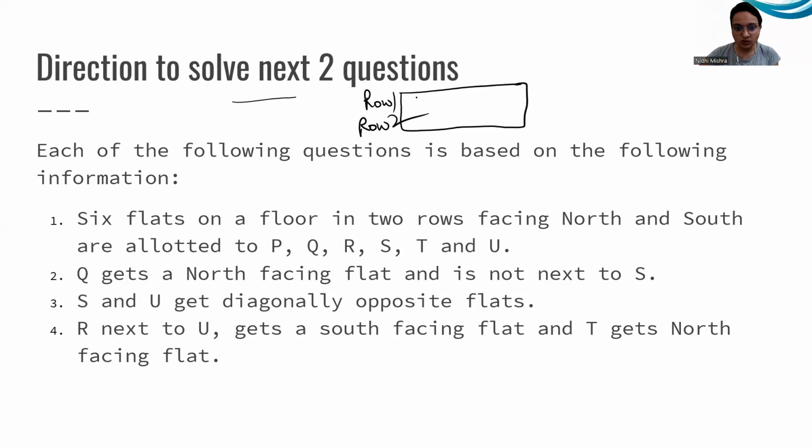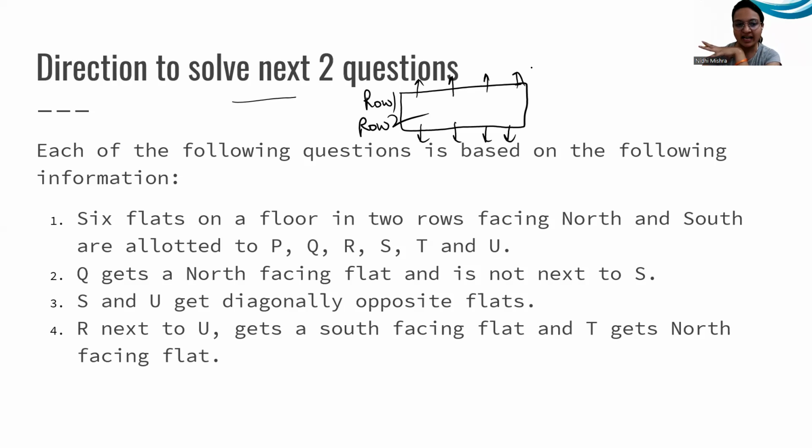This row is facing north and this row is facing south. They are allotted to P, Q, R, S, T, and U.